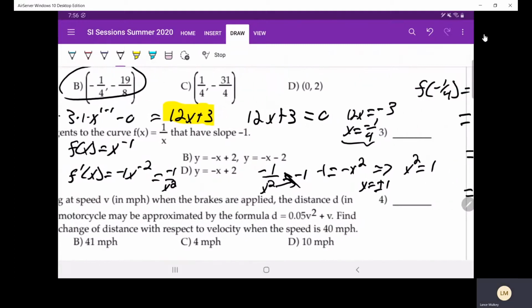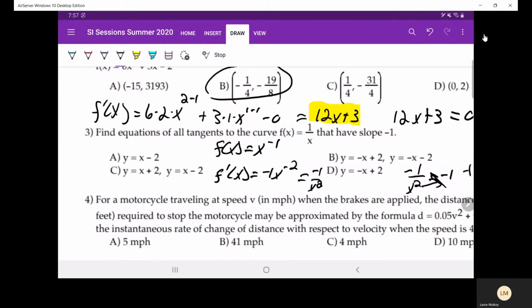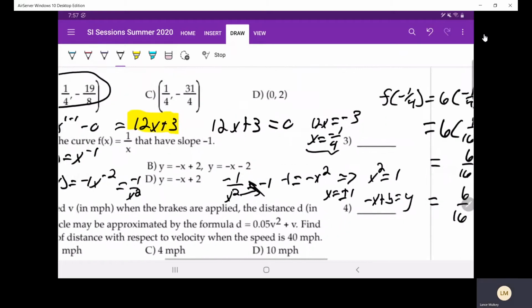So you have a tangent line, so you have y equals -x plus b. And if you plug in -1, you get -1 as the answer. I got too much clutter here.